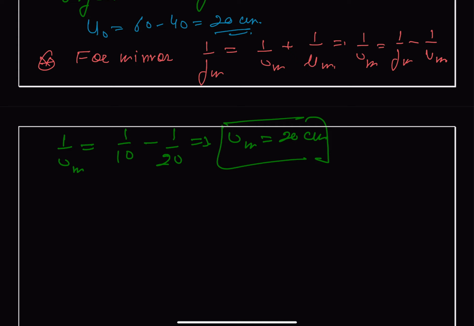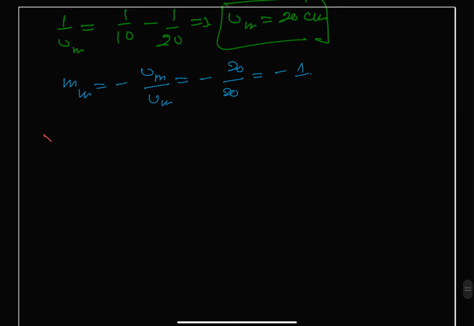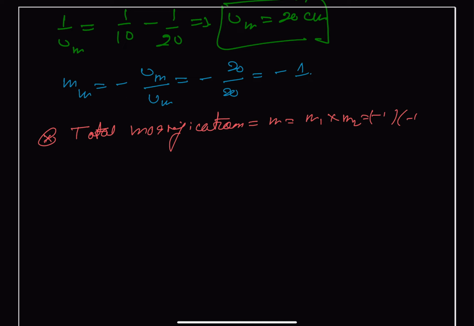Now we find its magnification: Mm is minus Vm divided by Um, which is minus 20 by 20, so minus 1. The total magnification M is M1 into M2, which is minus 1 into minus 1, equal to 1.